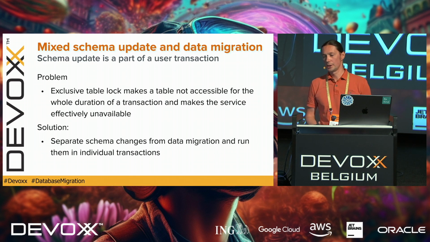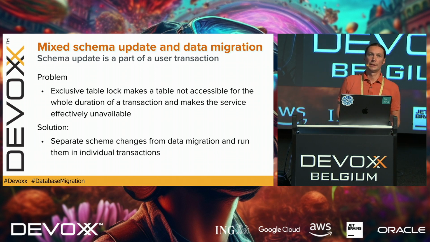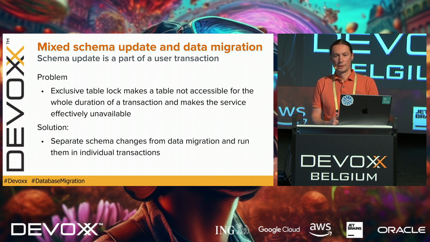To overcome the situation, we can separate schema changes from the long-running data migration. Because a schema change is actually just an update in the system table, and it's very fast, it will not hold this exclusive table lock for so long.